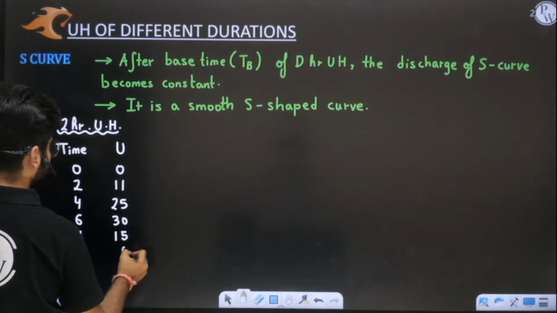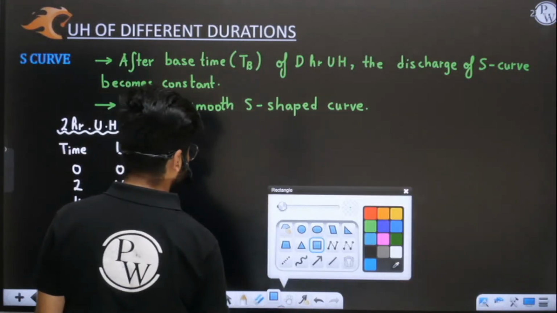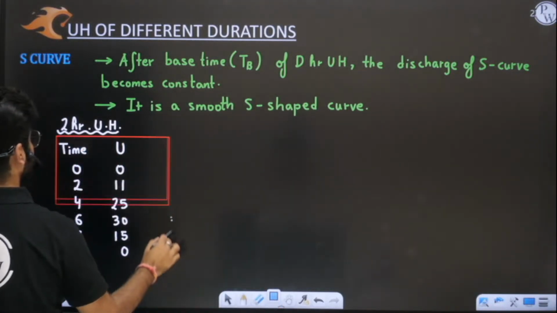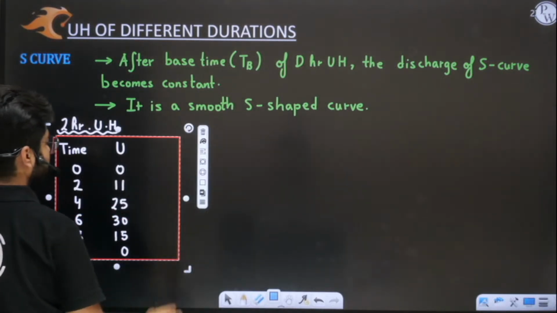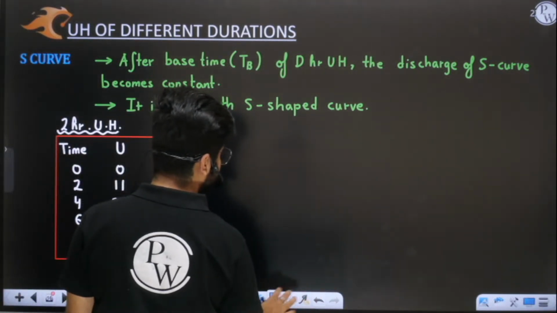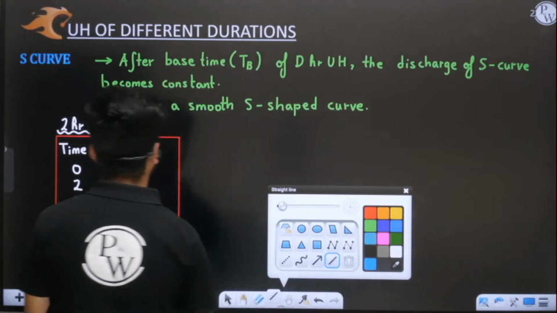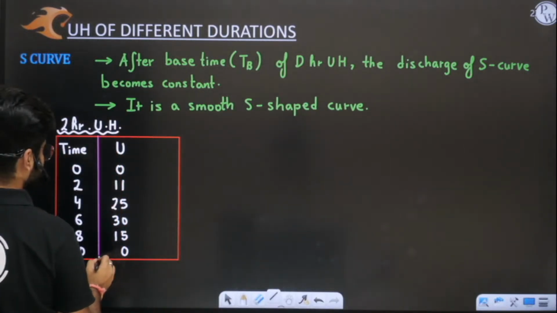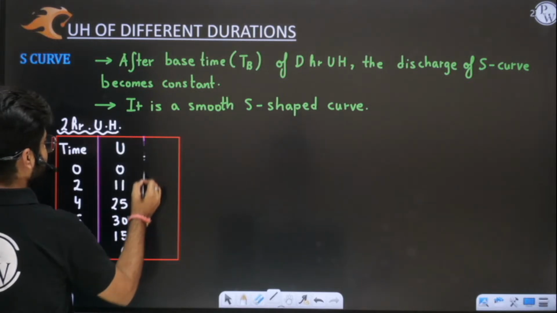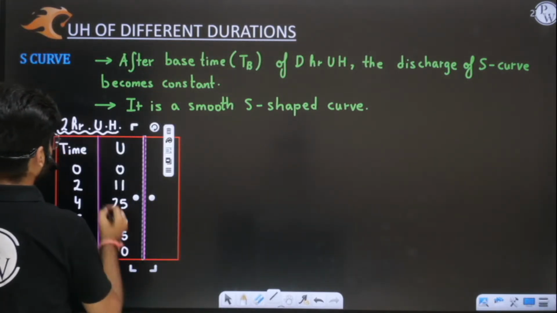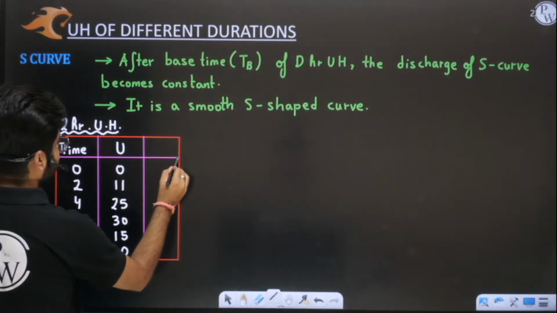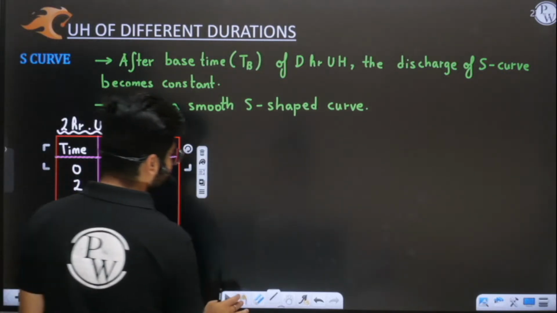So this was your basic 2R unit hydrograph. And if you want to convert it directly into an S curve, how will I do it?